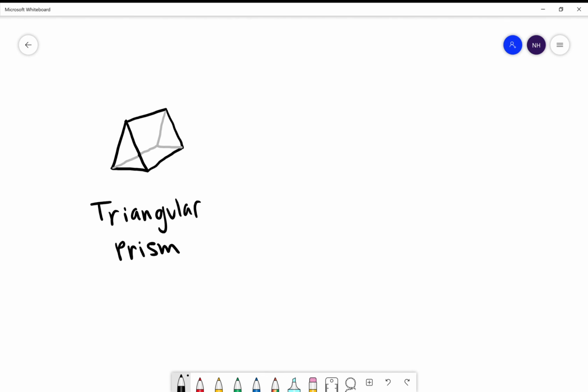Now to draw the net, it's a little different. So there's many ways you can draw it, but I like to draw it the simpler way. So basically just draw a long rectangle like that. And then I like to make maybe two that are the same and then one that's a little different, like that. So that there's 3 squares or rectangles in a row.